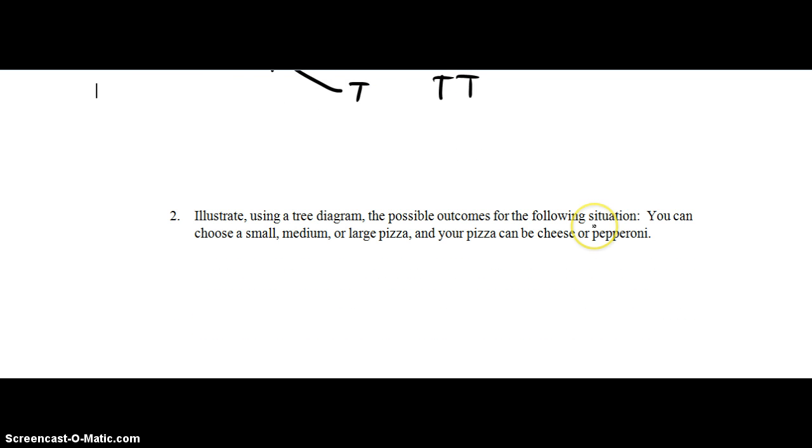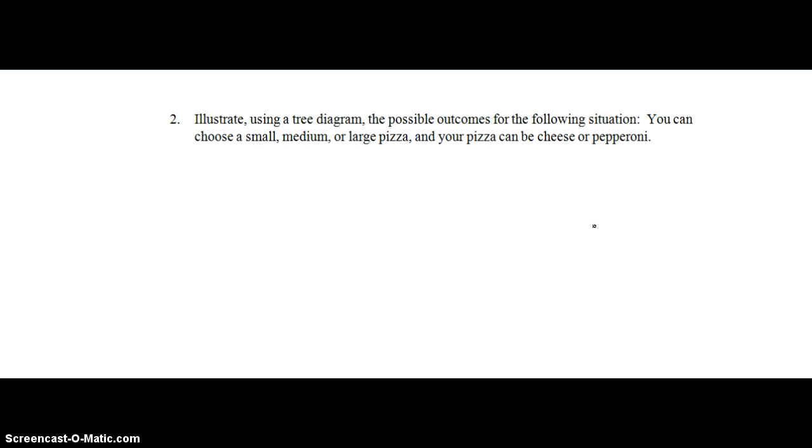Okay, so obviously it can be more complicated. Using a tree diagram, list the possible outcomes for the following situation. You can choose a small, medium, or large pizza, and your pizza can be cheese or pepperoni. So the first option, small, medium, or large, right?